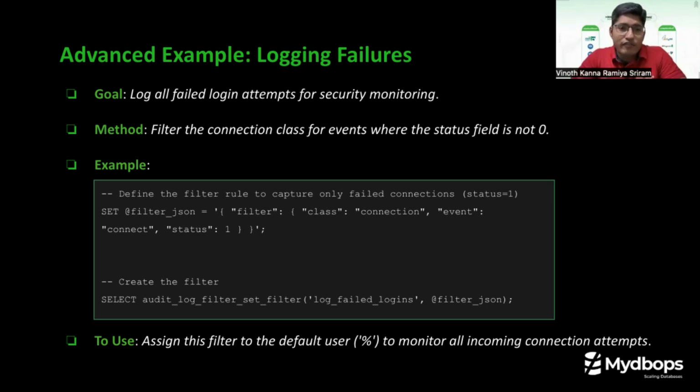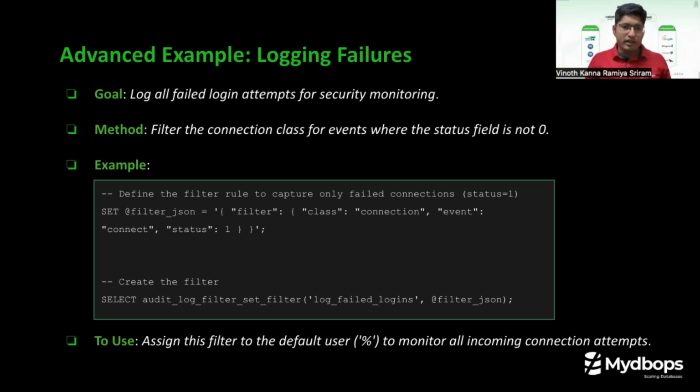I'm going to share a few interesting features of audit logs that I admire most, which were not there in the previous audit log plugins. The first is logging failures. Previously, we could store the logs, but we could not control whether I need to log only the failures or only the successes.